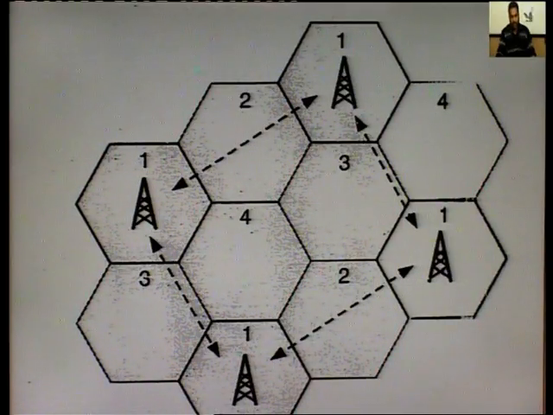Cell number 1 in the upper cluster is not far from cell number 1 in the lower cluster, and they are located at the edges of the square. Due to this closeness, these cells reuse the same frequencies and cause interference. Cell number 1 on the left side causes interference to cell number 1 on the right side, and similarly all these cells cause co-channel interference to each other.